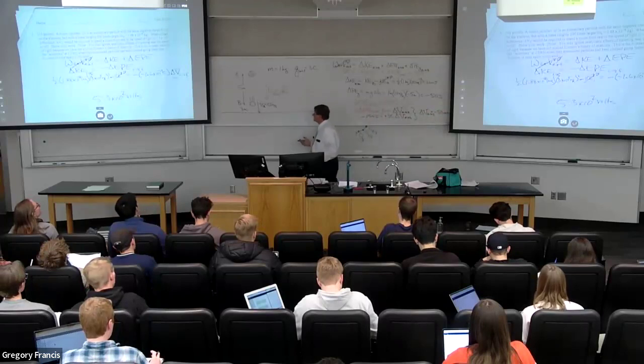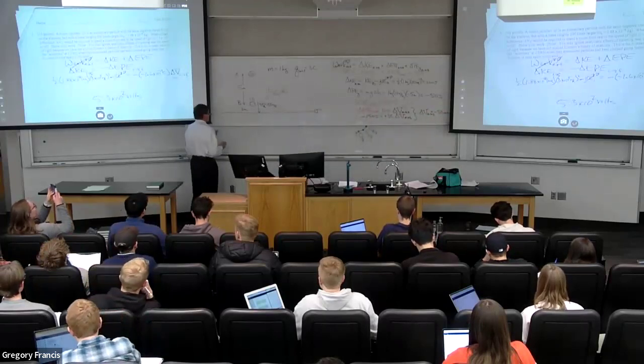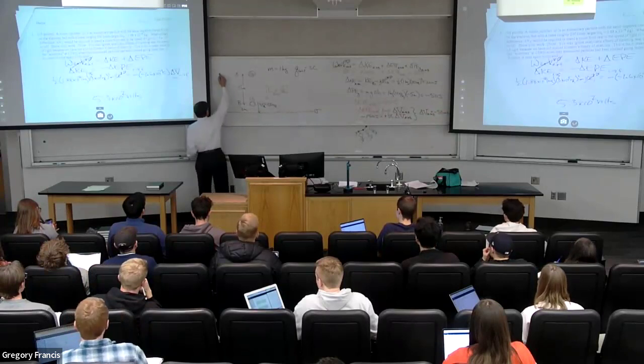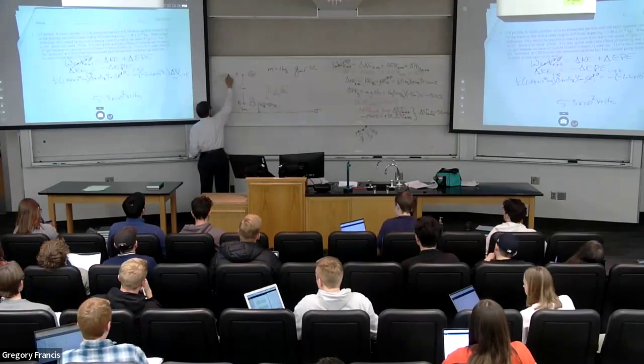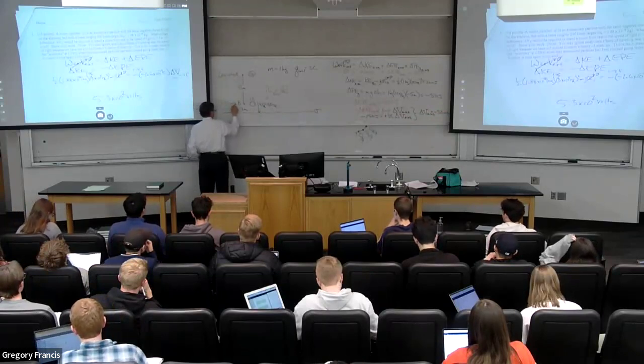So I don't know what the voltage is at A. I don't even care. But I know that the voltage at B is going to be 50 volts smaller. So if this is 600 volts, I made that up, this is going to be 550 volts.